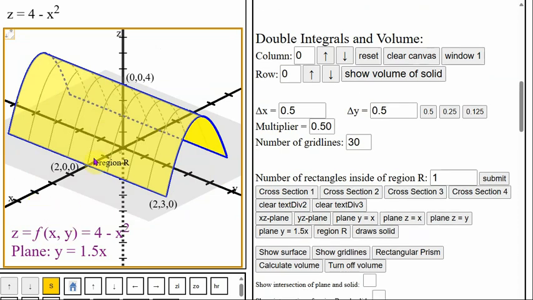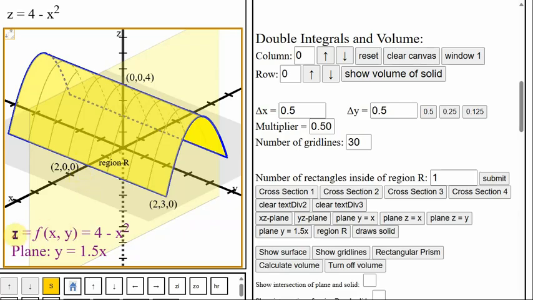So here's the graph for the function z equal to 4 minus x squared. And right here is the xz plane. So this is the x-axis and this is the z-axis. And so this is the xz plane, which is the plane y equal to 0.